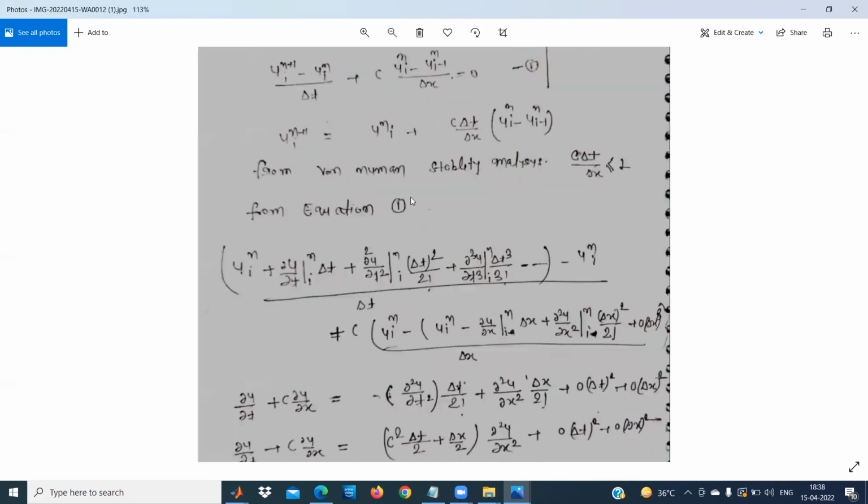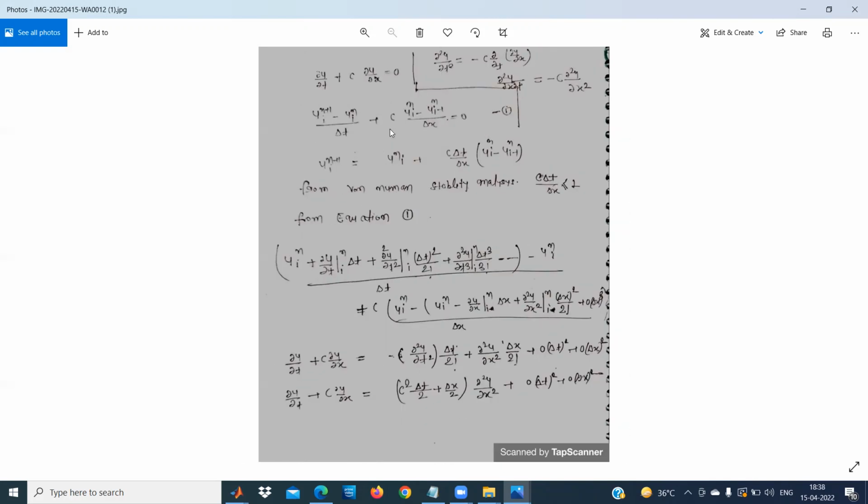From the discretized equation, if we want to get the original 1D wave equation, then we have to use the Taylor series, and instead of u i n plus 1, we can write this whole thing in the bracket: u i n, del u by del t at i n times delta t, del square u by del t square at i n.